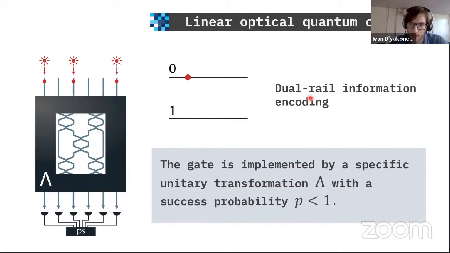Actually, it can be any other encoding, but the dual rail encoding is more widespread in linear optical quantum computing in contemporary experiments. That means we need to optimize the probability of success of the gate operation inside a subspace of the Fock state given here and on top.